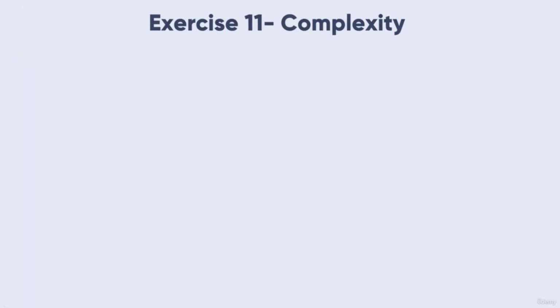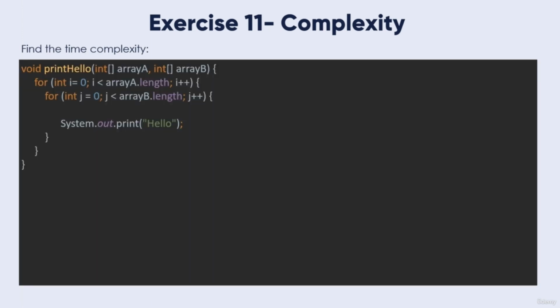Hello, my friends, and welcome to exercise number 11. We are asked to find the time complexity of this method. So this function is printHello, taking two parameters, two integer arrays, array A and array B, the second array.